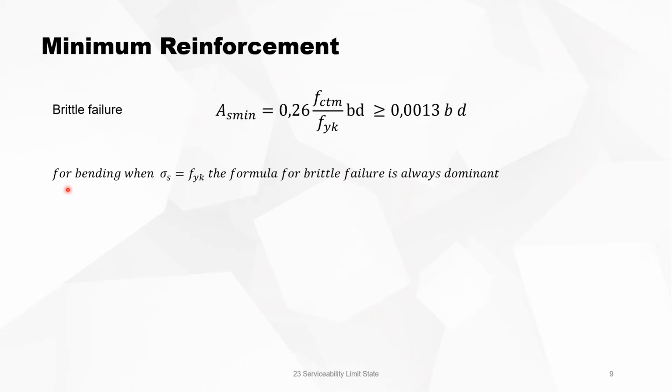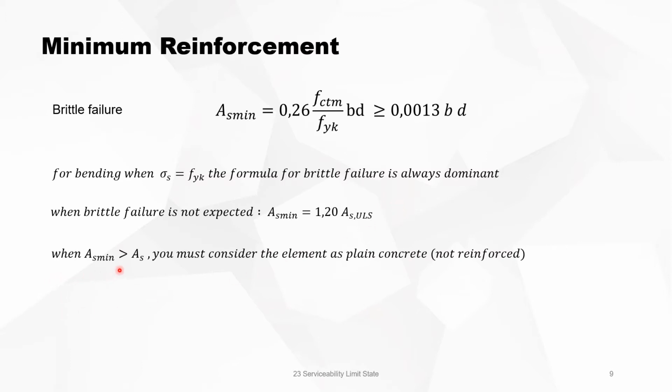Now for bending, when the steel stress equals FYK, then the formula for brittle failure is always dominant. So when brittle failure is not expected, then the minimum reinforcement can be taken as 1.2 times the calculated reinforcement in ULS.